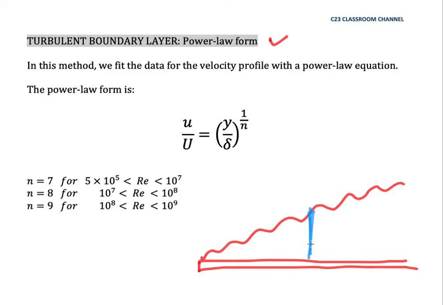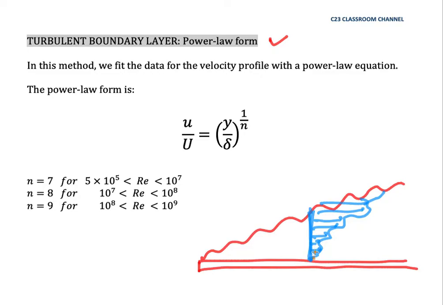Normally the velocity profile, if we plot it one by one here, may look like this, meaning that the arrows here do not stay in one pattern. It is because the turbulent boundary layer is chaotic. So what we do is we make an assumption about the pattern of the velocity profile.